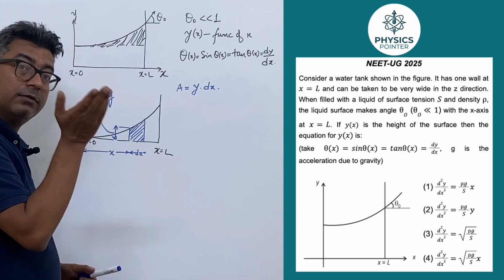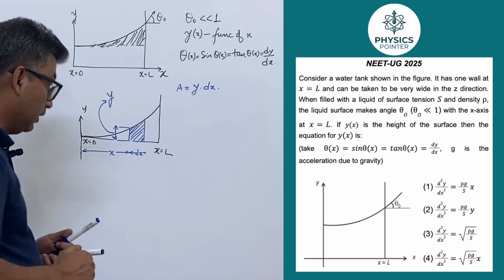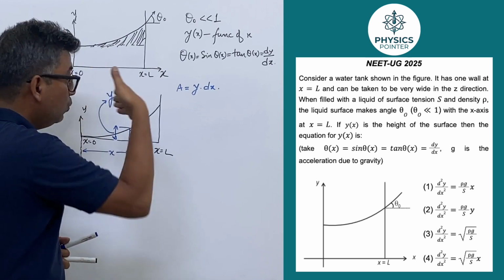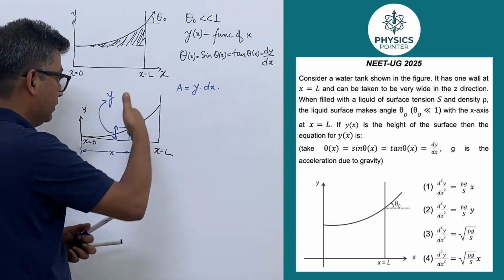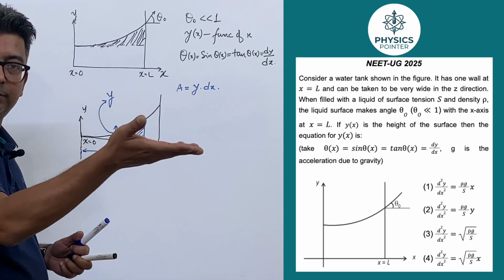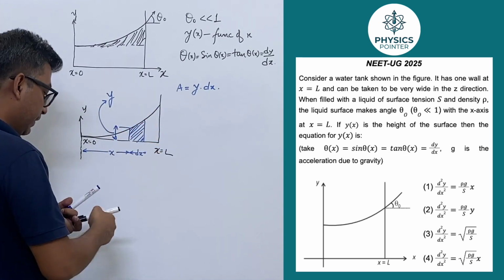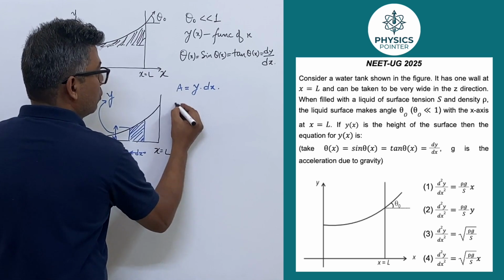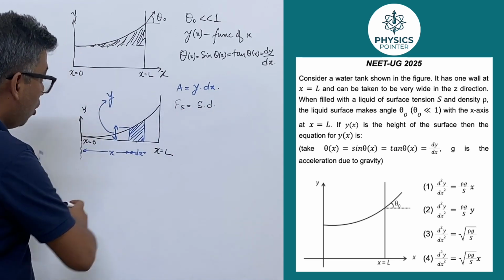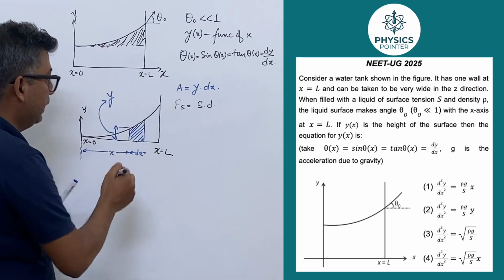What about the force due to surface tension? The force that is getting exerted along this z axis is equal to the depth multiplied by the surface tension. So Fs is equal to surface tension into depth, but it is not acting in a particular direction.